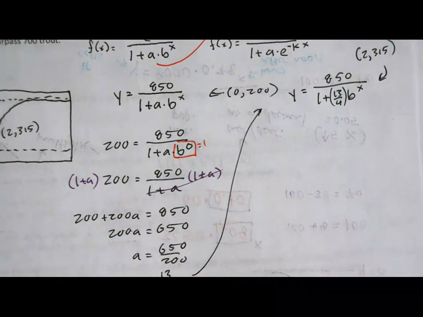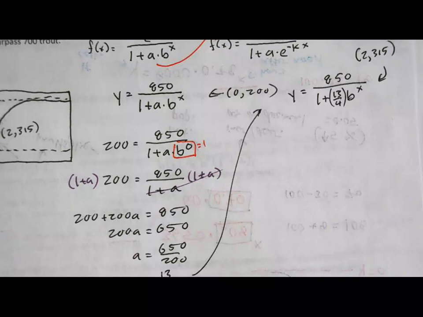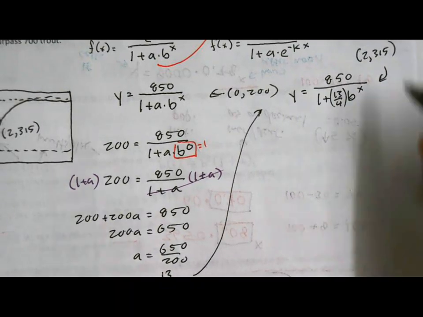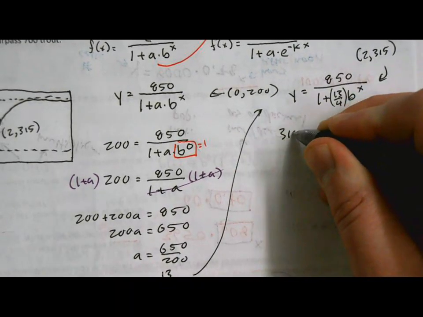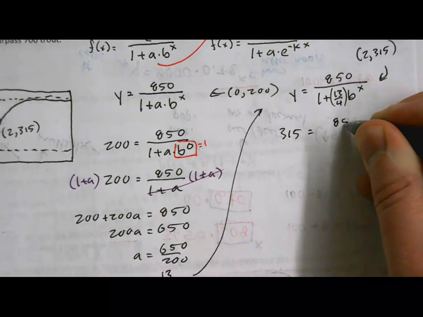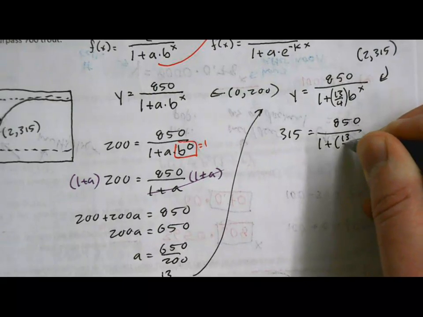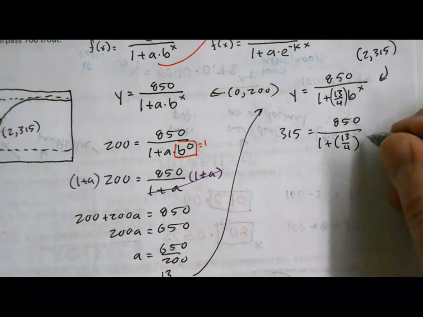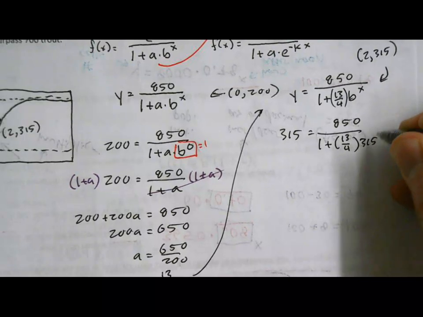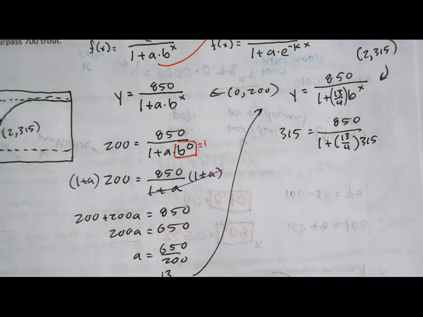Now this is a pretty involved process. I told you guys we're going to do some pretty intense algebra here. But you got it. 315 is y. Oops.